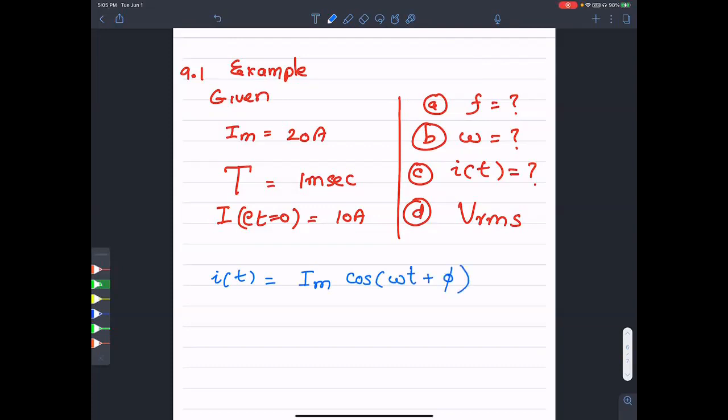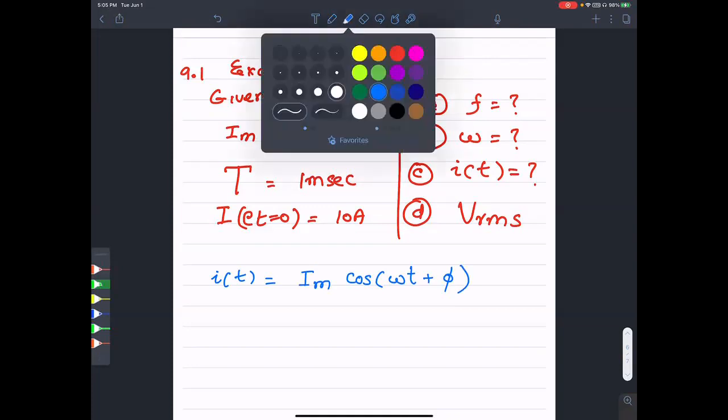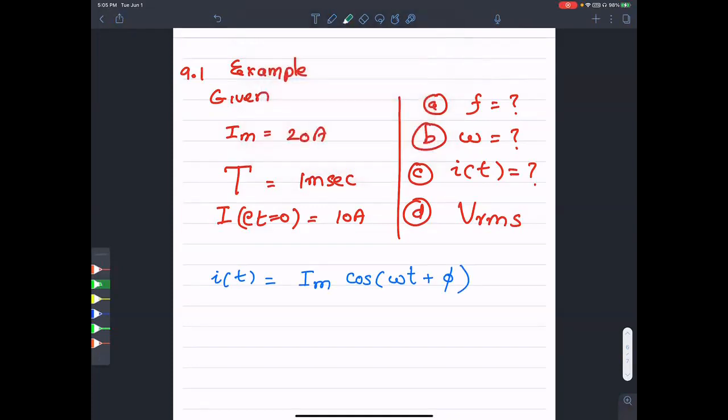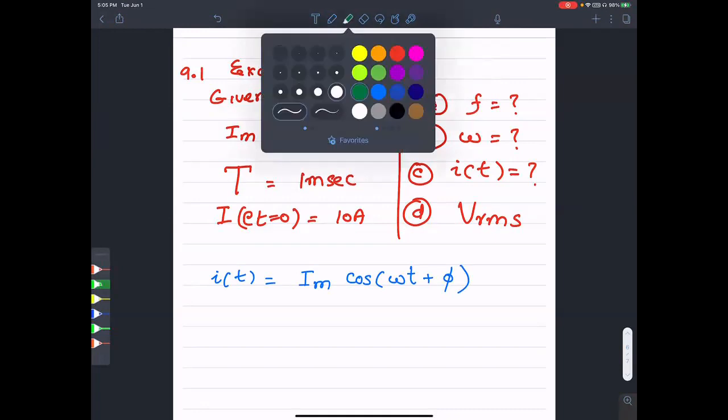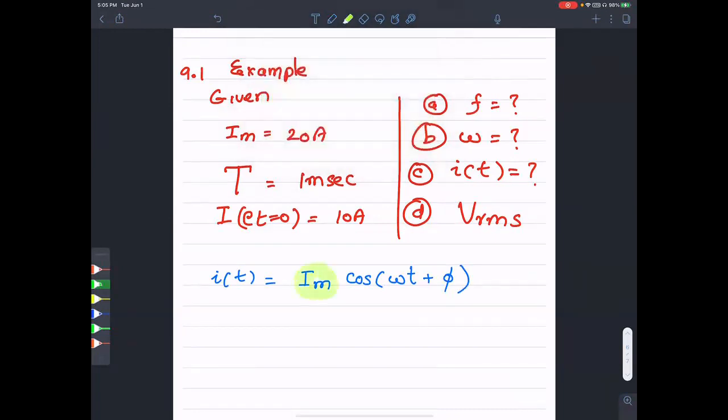Let's see what the unknowns are. We do know the value Im. That's the peak value, given here, so that is straightforward. Then we still need to find the value of omega, but we can find it from the time period.